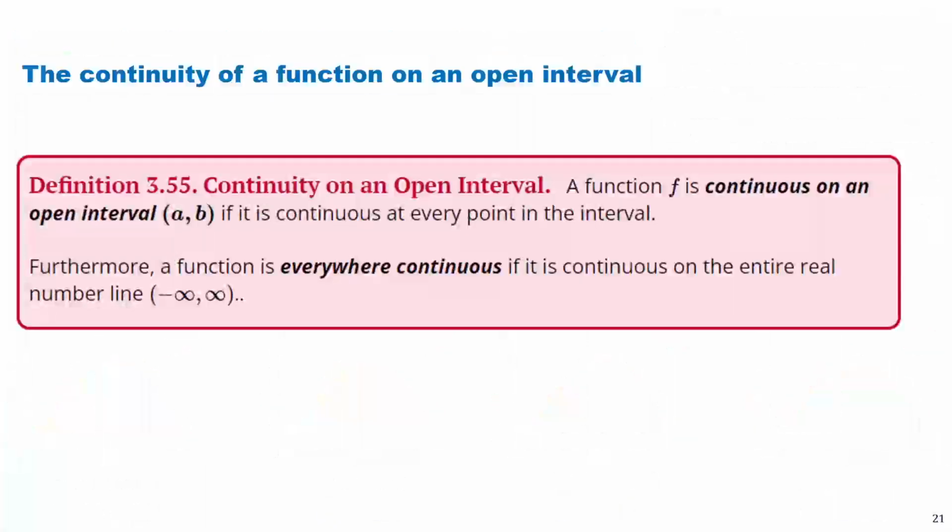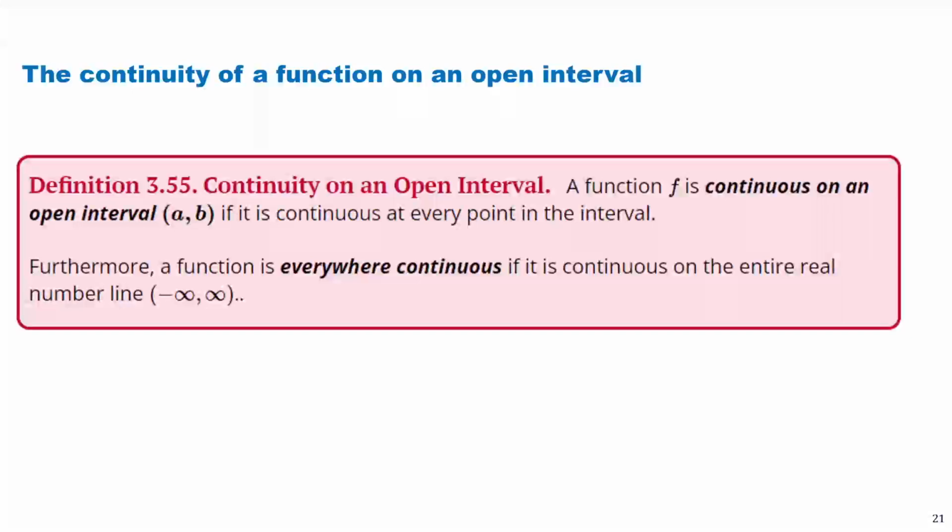Okay, so if you know the continuity of a function at a certain point, then we can also define the continuity of a function on an open interval, because both of the two endpoints are so special. For example, the left endpoint only has a right limit, and the right endpoint only has a left limit. So first we exclude the two endpoints and have a look at the continuity of a function on an open interval.